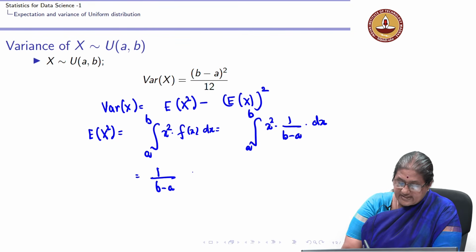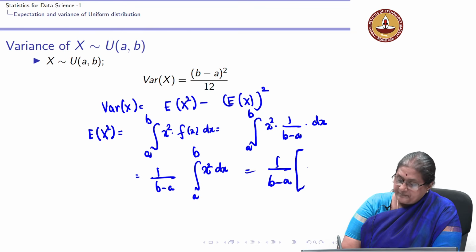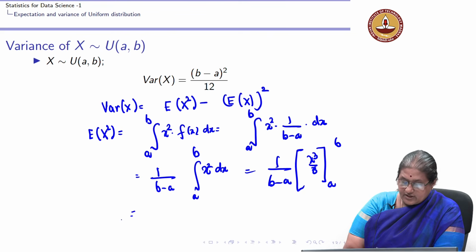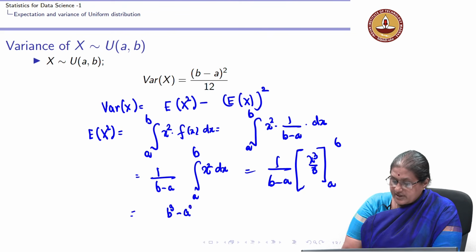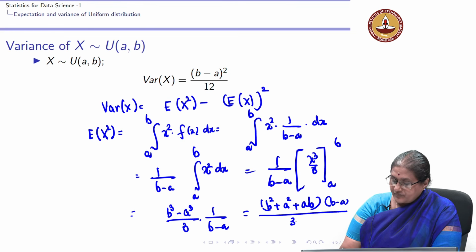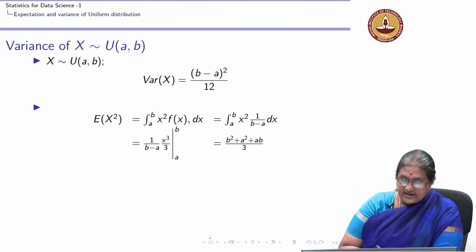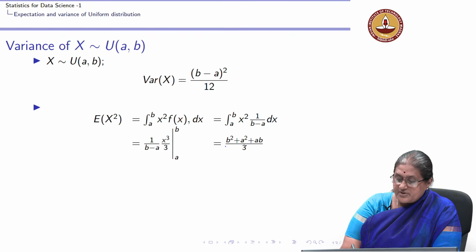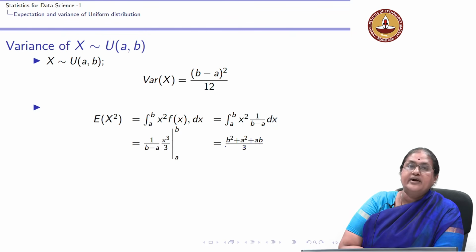Again 1 by (b minus a) is a constant, so we get 1 by (b minus a) into x cube by 3 from a to b, which is (b cube minus a cube) by 3 into 1 by (b minus a). I know this is (b square plus ab plus a square) into (b minus a), and I get expectation of x square as (b square plus ab plus a square) by 3.